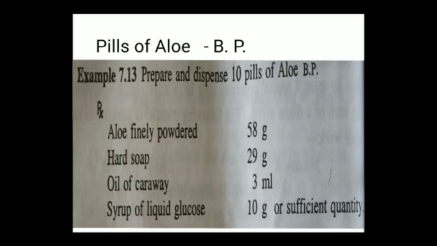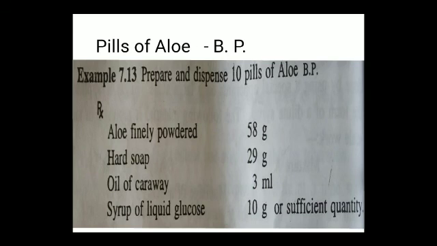Next, examples. Pills of yellow. By observing the following example, prepare and dispense 10 pills of yellow as per British Pharmacopoeia. The formula contains yellow finely divided powder 58 grams, hard soap 29 grams, oil of caraway 3 ml, and syrup of liquid glucose 10 grams, sufficient quantity.